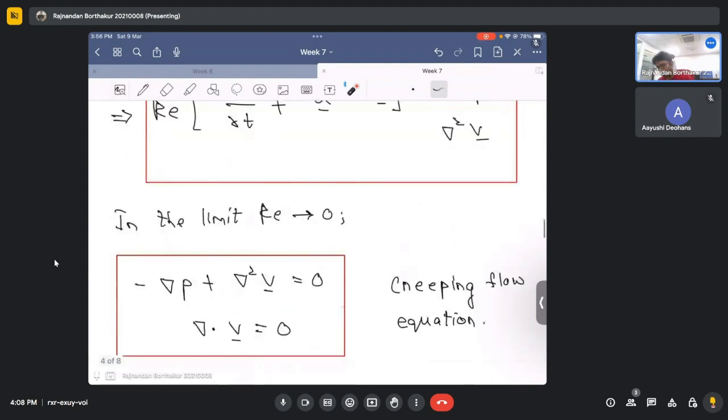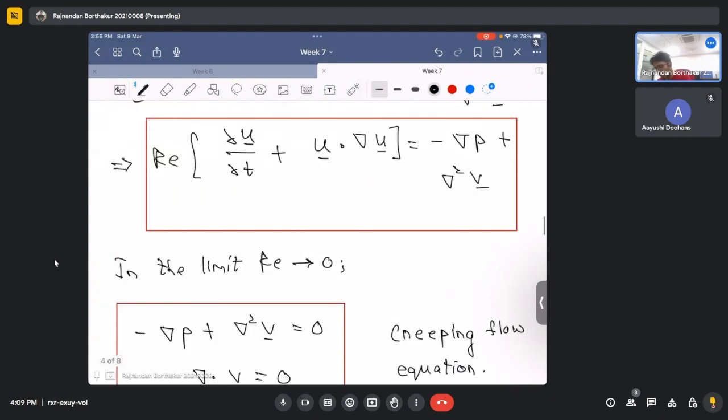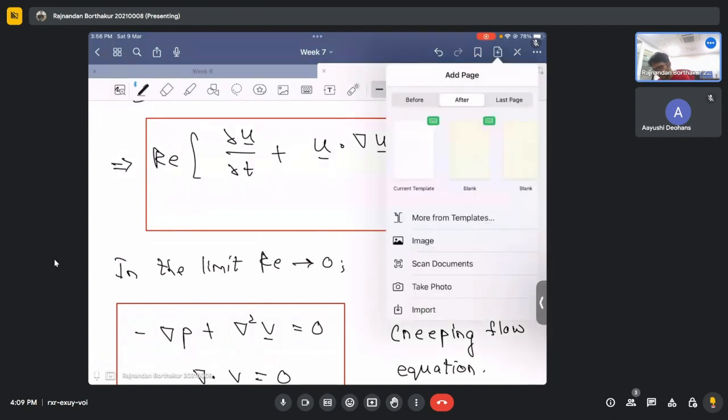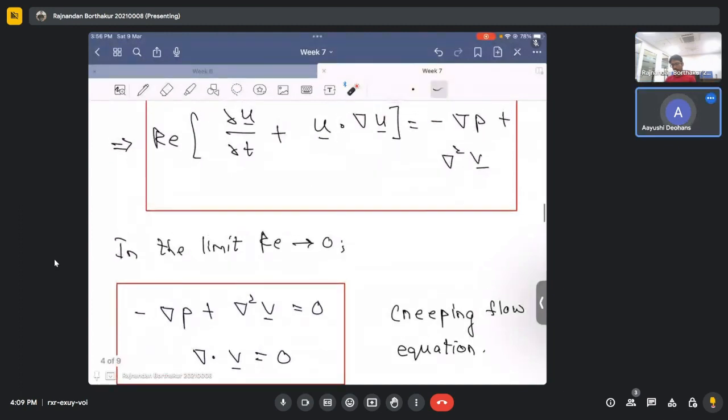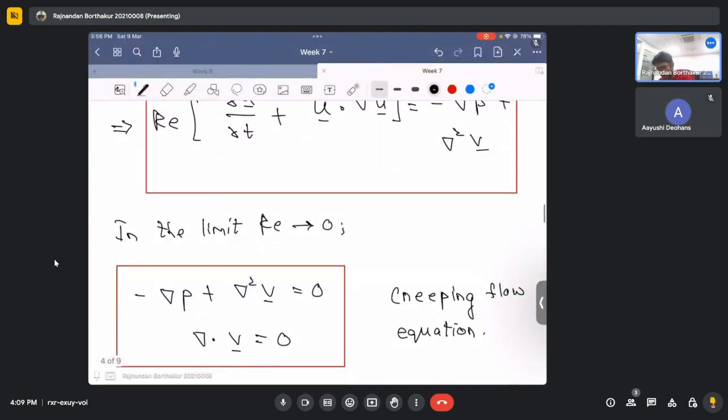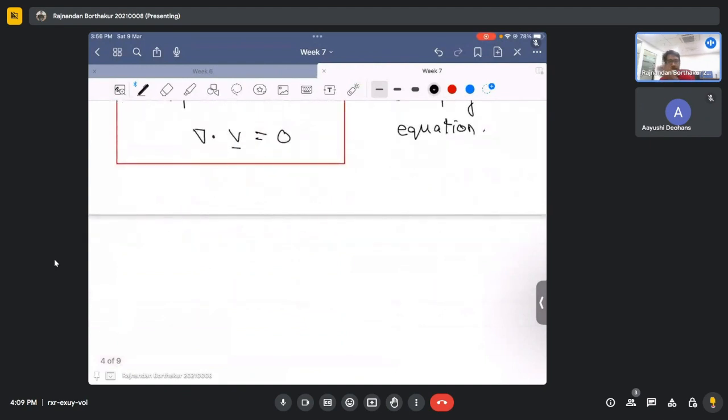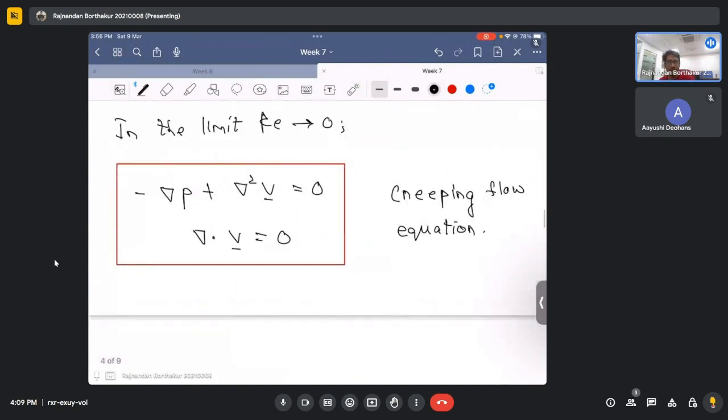Okay, but more than the equations, there is one very fascinating aspect of this creeping flow equation. Can you tell me what is the major difference between this equation and this equation? Creeping flow equations are linear. Yeah, exactly. That's a great plus point that nature has already provided us, which enables us to have some solutions which would otherwise not be possible if we had that inertia term.